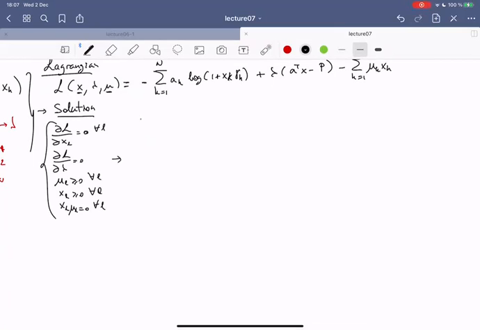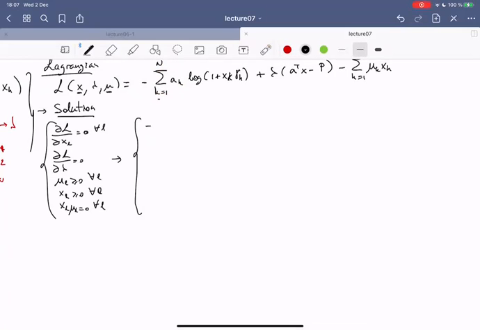So then each of these conditions, we can now make it explicit. So let's take the derivative of the Lagrangian with respect to one component x_l. Then in the summation, all of the terms will go away except the one corresponding to the l-th term.